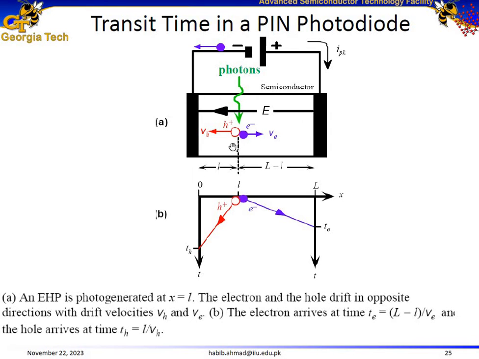Similarly, the time it takes for holes to travel from this point towards the left electrode would be equal to this distance, which is small l, divided by the drift velocity of holes. The time it takes for electrons to travel to the right electrode is called the transit time for electrons, and similarly the time it takes for holes to move towards the left electrode is called the transit time for holes.